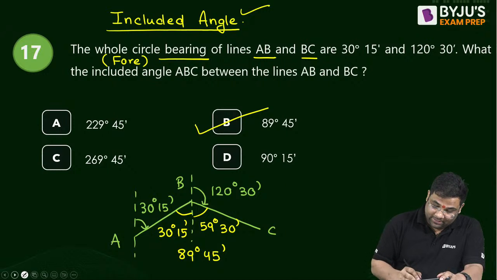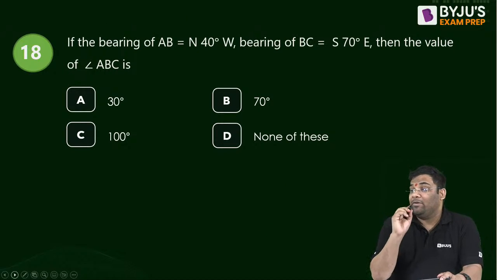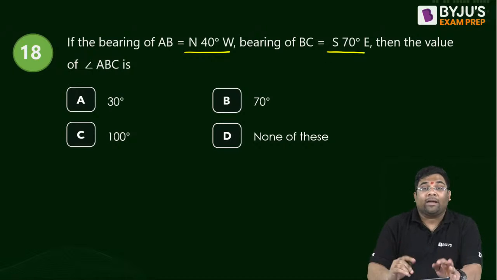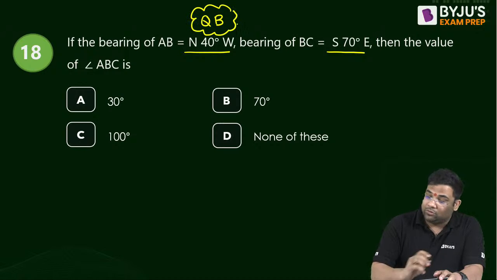Okay, next question. 18th question. Now you see the angles are given in the QB bearing system. Now solve this and tell me the angle at B. They are given in QB, so solve this.